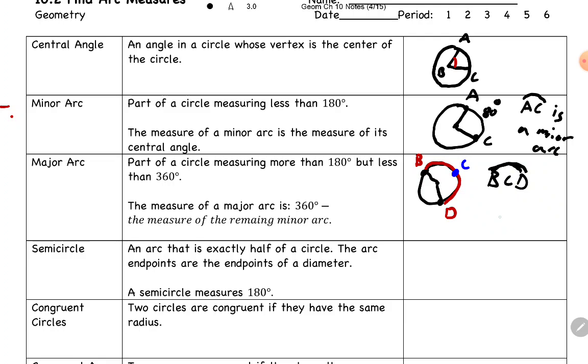And let's just say that arc BCD is 190 degrees. That would be bigger than 180, but less than 360.